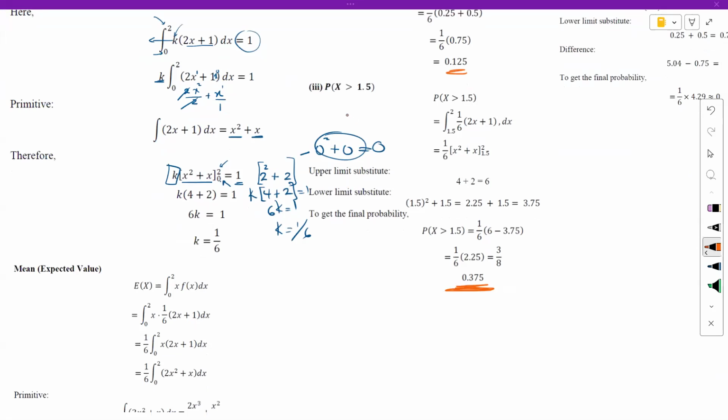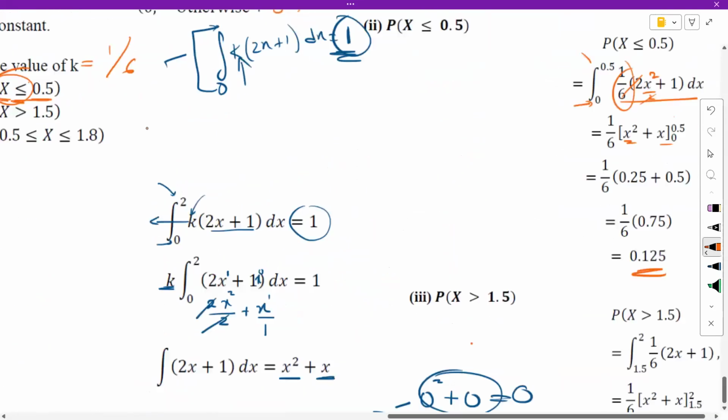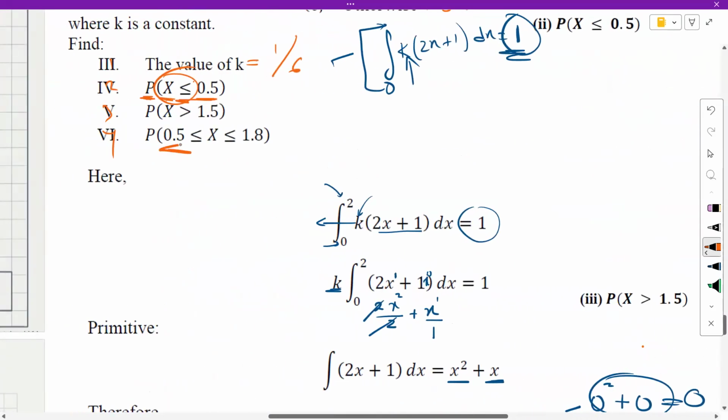And the fourth question is the probability between x equals 0.5 and 1.8. If you use the calculator for the time being, the upper limit is 1.8 and the lower limit is 0.5.